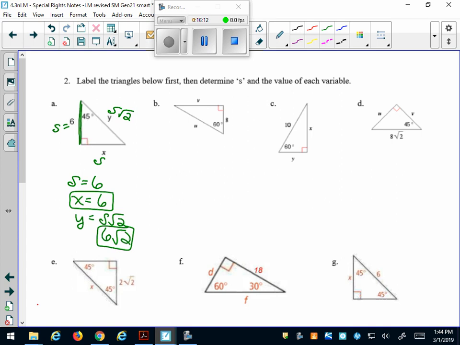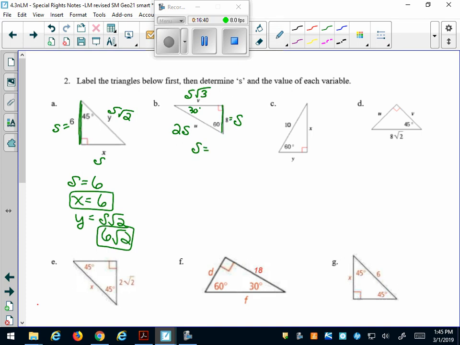This next one is a 30, 60, 90 triangle. So the side across from 30 is going to be 8. We're going to label that S. Side across from 30 is S. Hypotenuse is 2S. Across from 60 is S root 3. Now we go to the side where they gave us a number, and we put an equal sign.